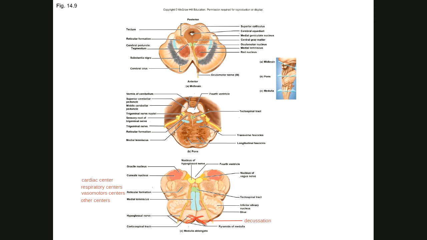So those are some of the other centers also found here within the medulla oblongata. Okay, so that would then therefore conclude the material for the brainstem.